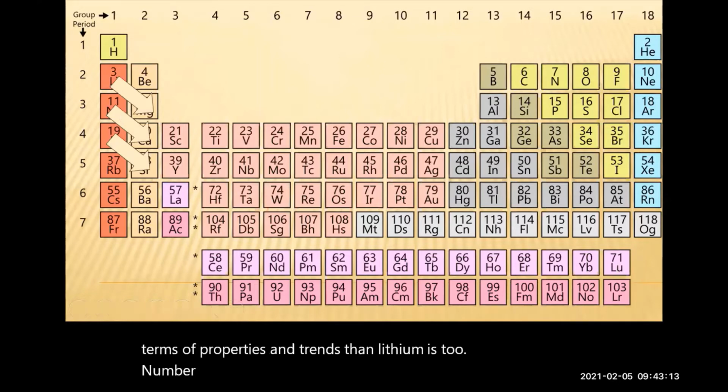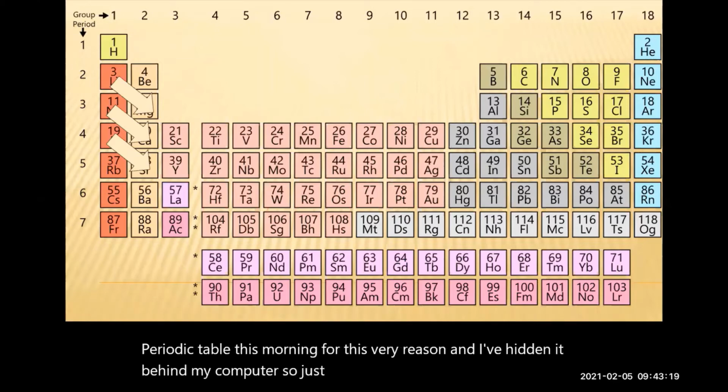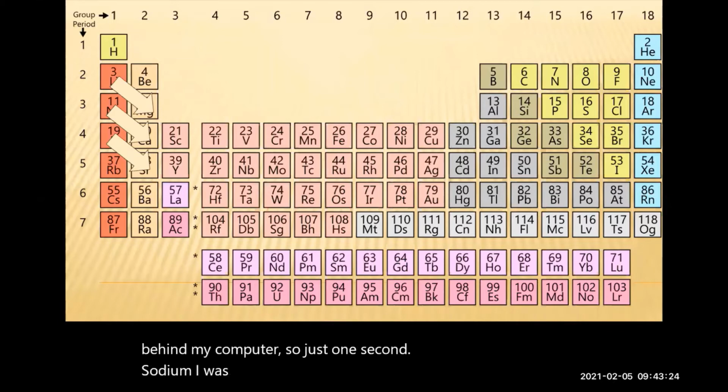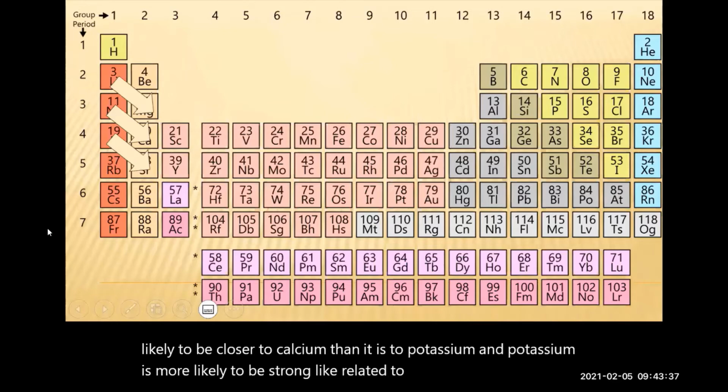And I've pulled up a periodic table this morning for this very reason, and I've hidden it behind my computer. So just 1 second. Sodium. I was right, but I wanted to make sure. As in, sodium is more likely to be closer to calcium than it is to potassium, and potassium is more likely to be related to strontium than it is to rubidium.